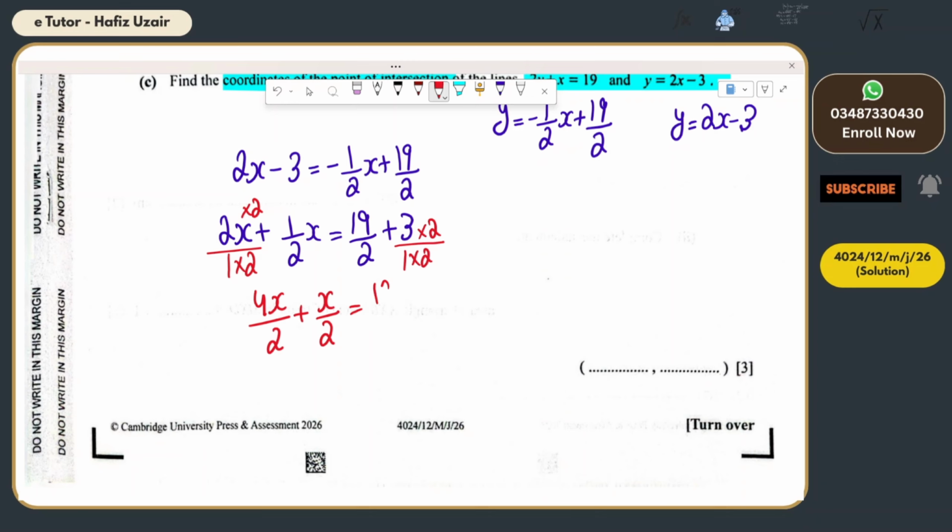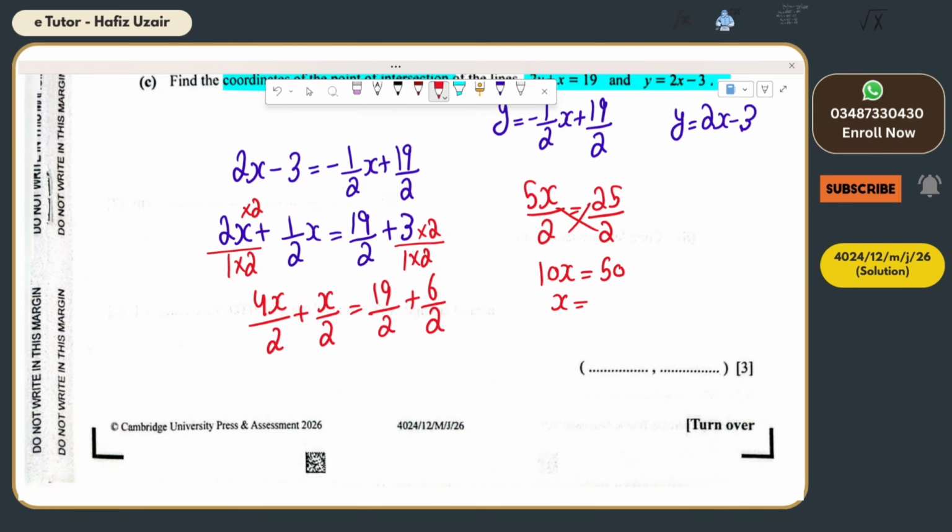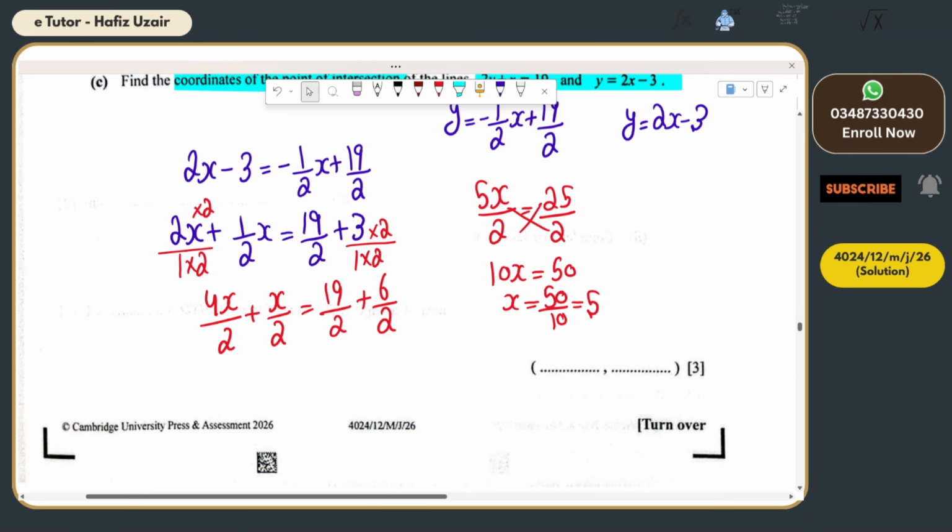So this will be equal to 19 over 2 plus 6 over 2. So 5x over 2 is equal to 25 over 2. Just cross multiply. So 10x will be equal to 50. So x will be 50 over 10, that is equal to 5. All right, so now we got the x coordinate, that is 5.